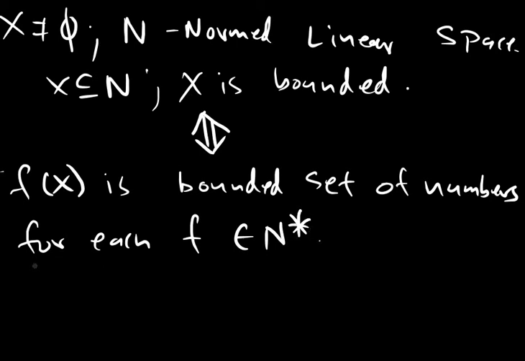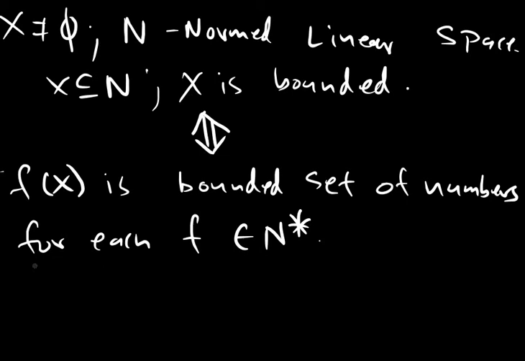So what we are saying is that if you have a non-empty set of N, and it is bounded, then correspondingly f of X is a bounded set of numbers for each f in N star.